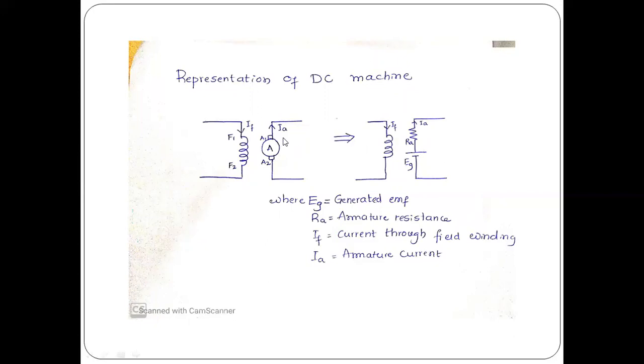So the armature is represented as a source and a resistance. It is a source and there is a drop, an opposition to the current flow, that is RA, and the field winding as it is. Here EG is the generated EMF, RA is the armature resistance, IF is the current through the field winding, and IA is the armature current. It is a representation of DC machine.